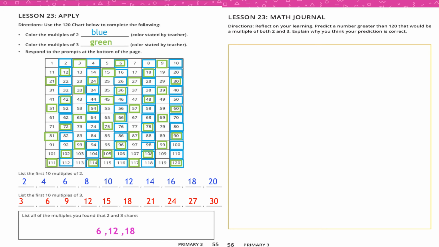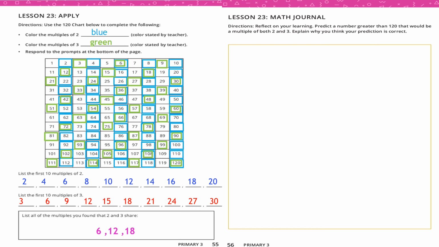Can you notice anything? 6, 12, 18. These are skip counting by 6. Do you notice this? We have 6. If we added another 6, it will be 12. If we added another 6, it will be 18.